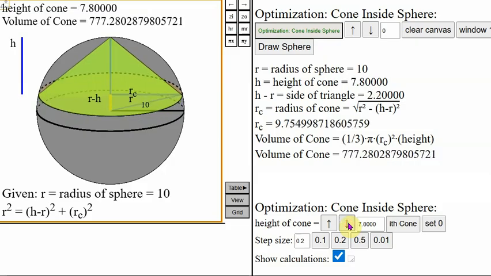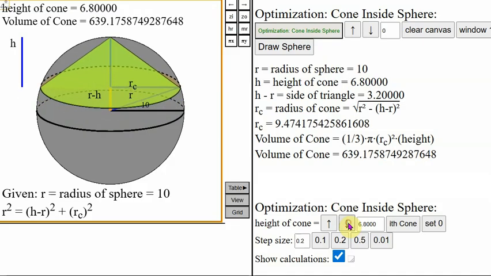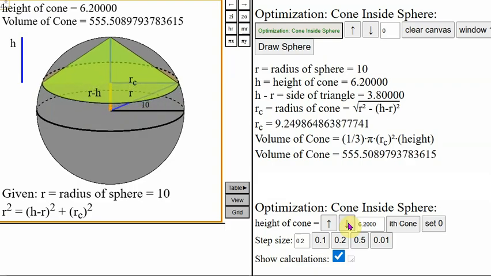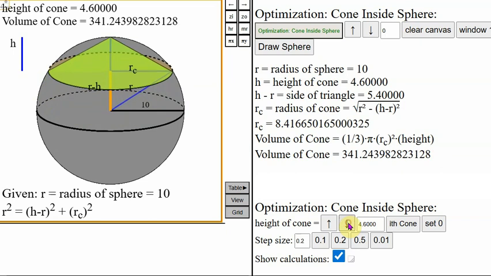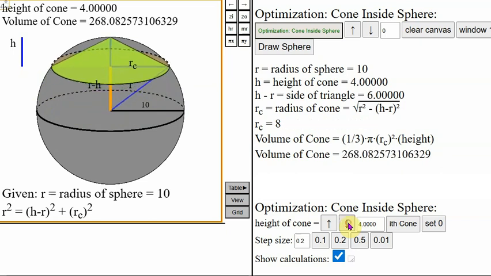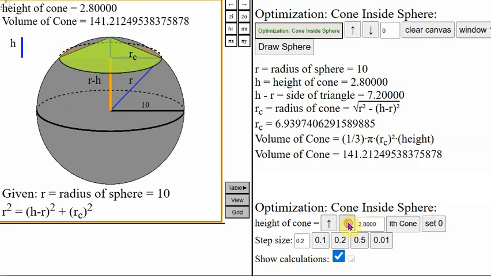And so we want the height and radius of a cone that will give us the maximum volume. Right now, as I decrease the height, it looks like the volume of the cone is just going to get smaller and smaller.